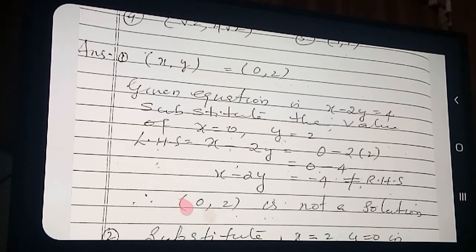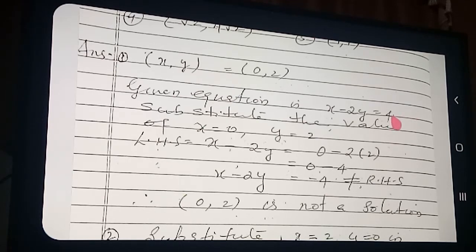Understood the method? One sum make it clear, then remaining all the sums we are doing by the same method. So first you write the equation and write the values of x and y. These values of x and y substitute in the equation and see. While substituting you calculate LHS. After calculating LHS you got minus 4. But what is your answer of RHS part?